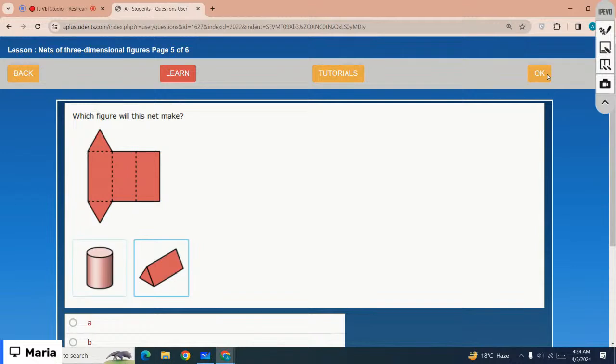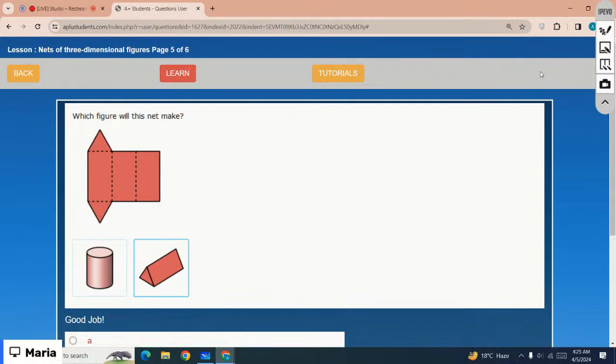Which figure will this net make? Which is the correct option? Yes, the correct option is option number B. This net will make the figure. B is the correct option, right?